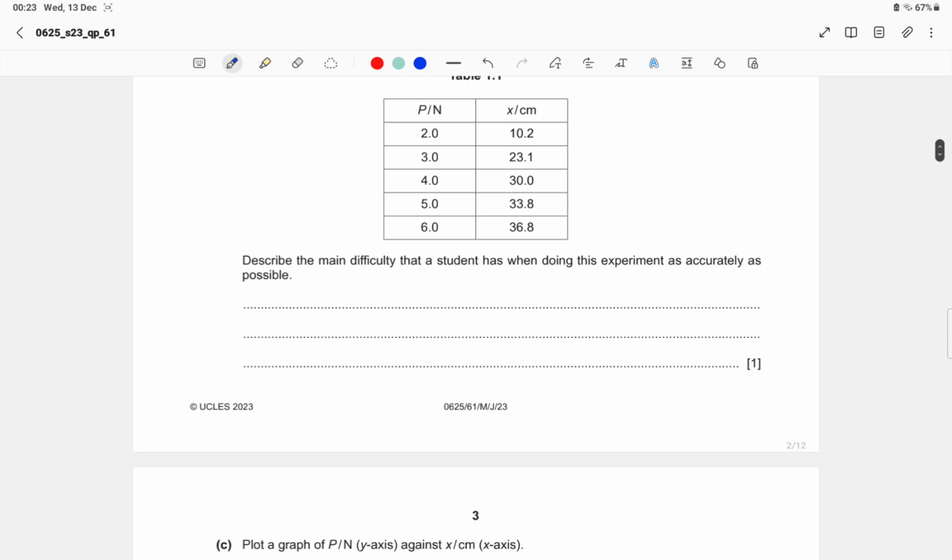Okay, so for number one, it's going to be that the ruler must be balanced. This is going to be the first one.